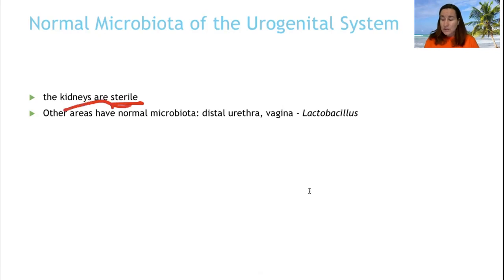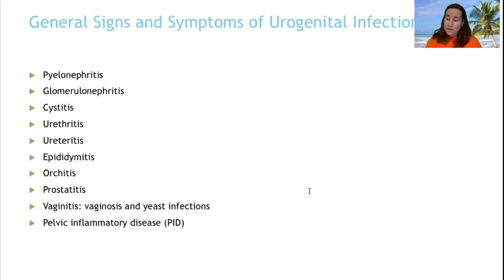So kidneys are sterile. Other areas are going to have their own biome. So there may be some bacteria that are living in the distal part of the urethra. The urethra is going to be flushed out by that sterile urine. But there's going to be a biome there. The vagina is definitely going to have its own biome as well. There's different things that can affect that, and we'll get through that later on in the rest of this semester.